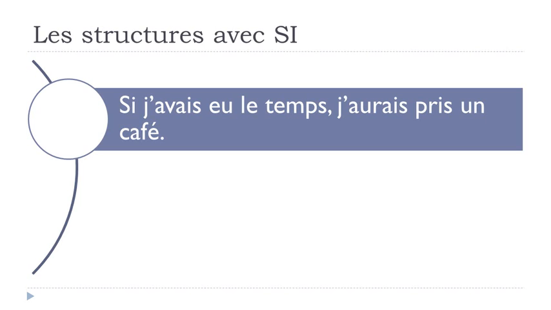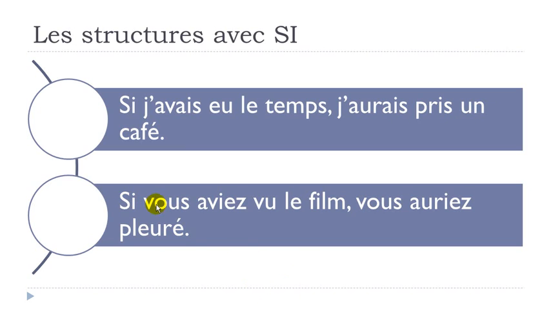Si j'avais eu le temps, okay? So if you can spot this, it's avoir, and it's at the plus que parfait form, okay? Si j'avais eu le temps, j'aurais pris, here it's prendre, to take, and if you have a look, it's at the conditionnel passé form, un café. Okay, let's see the second example. Si vous aviez vu le film, vous auriez pleuré.